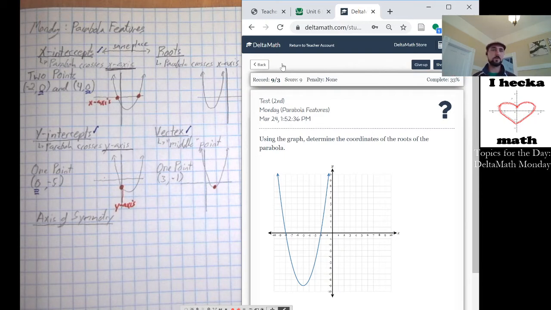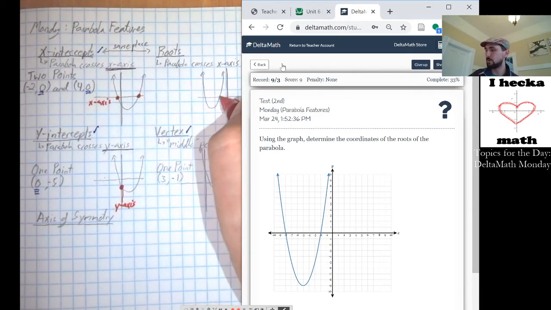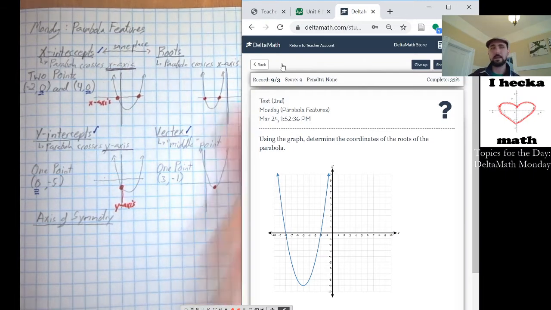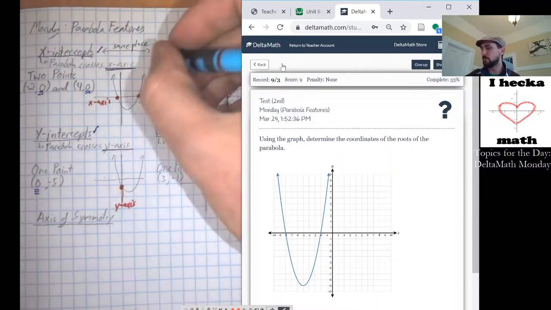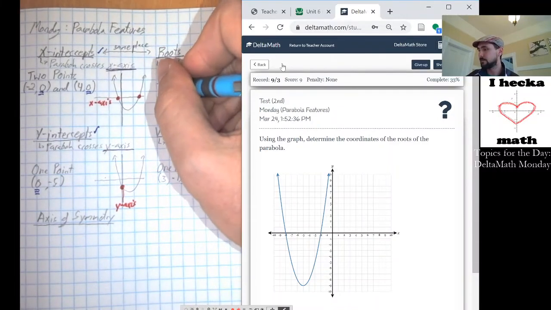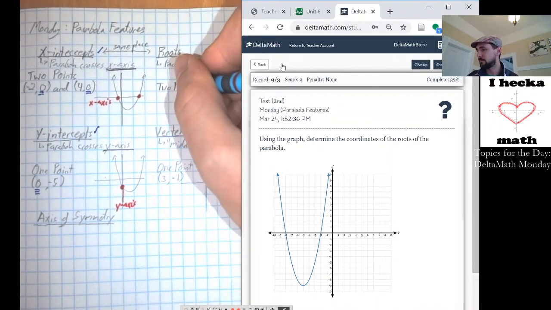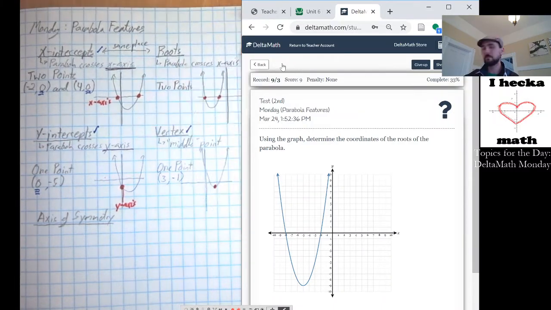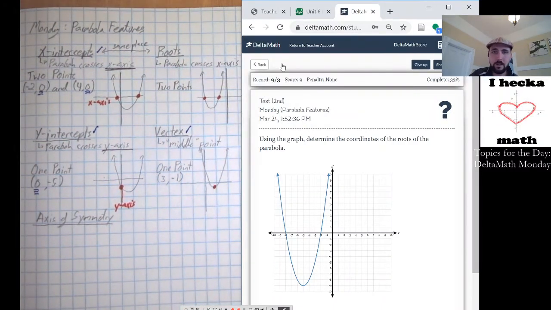So I'm going to sketch our parabola. And like I said, the roots and the x-intercepts are in the same place. So the roots, we will look here and here for the roots. So the roots are also 2 points. And now let's be precise.